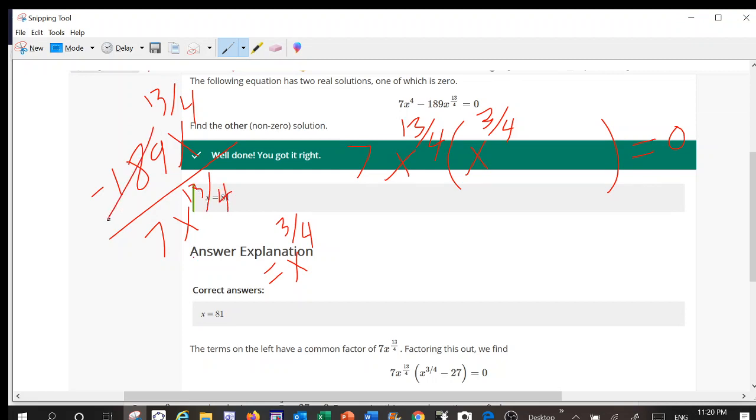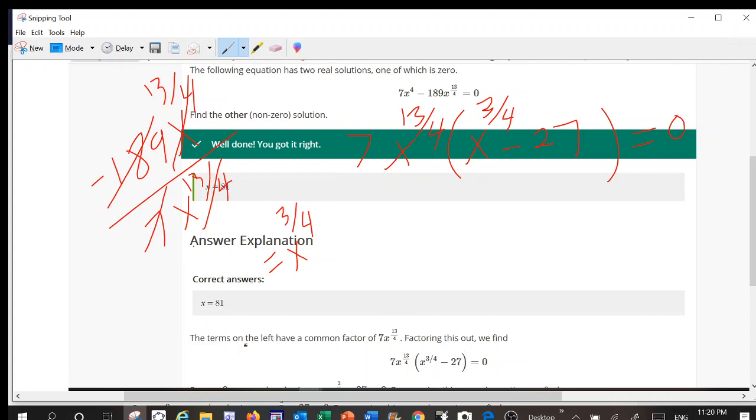Now negative 189 divided by 7, as we saw, was negative 27, and these get canceled because they have the same power. So we see that we have two expressions now, either this equals 0 or this equals 0.